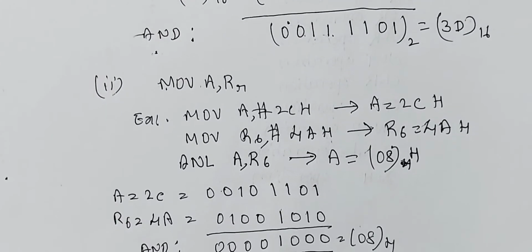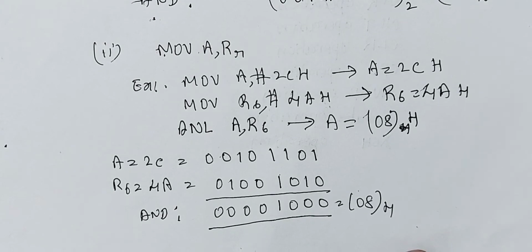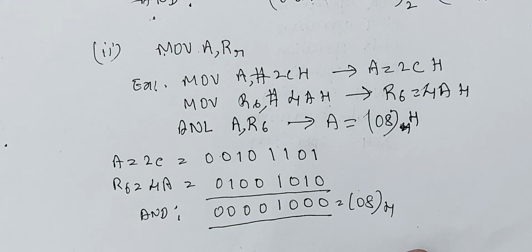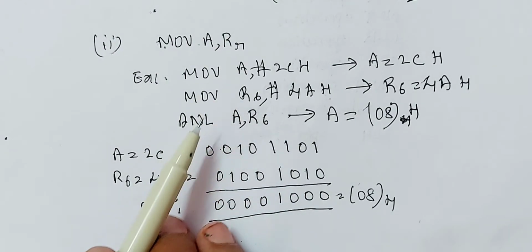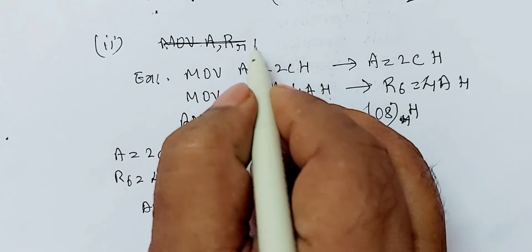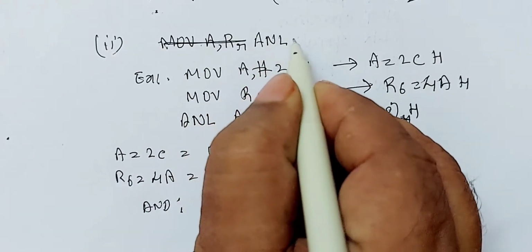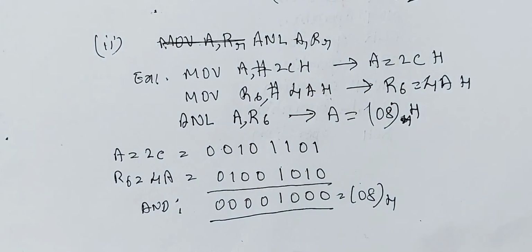Similarly, you can take another example of AND logic by register addressing mode. Here, by register addressing mode, we can write this as AND logic A comma Rn. Rn means the working register.